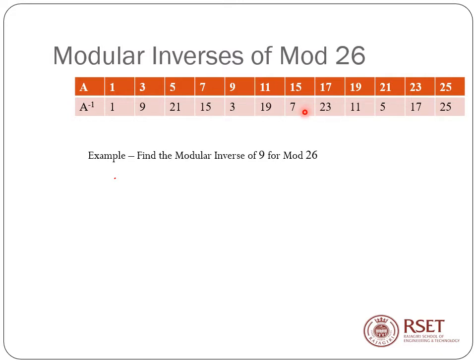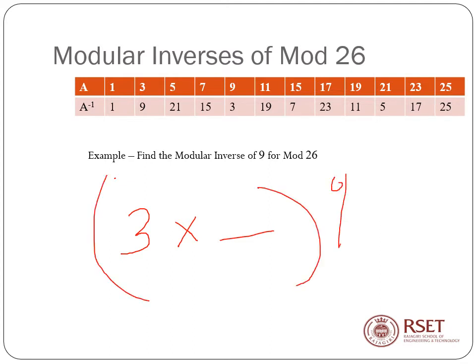So there are methods for finding inverses. Here we will go for the simplest method. What is the inverse of 3? You write 3 into some number, you multiply 3 with some number and take modulus 26, and you should get the answer 1.